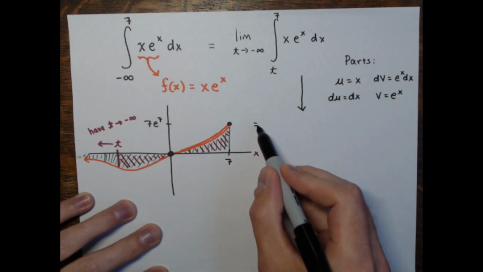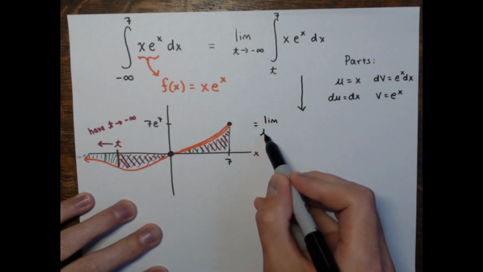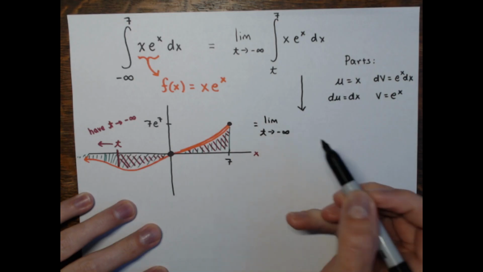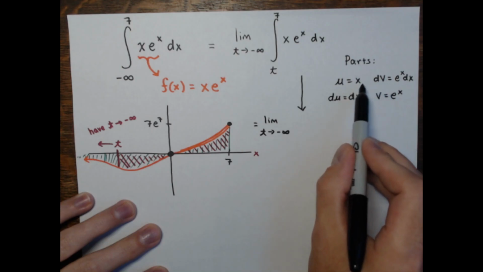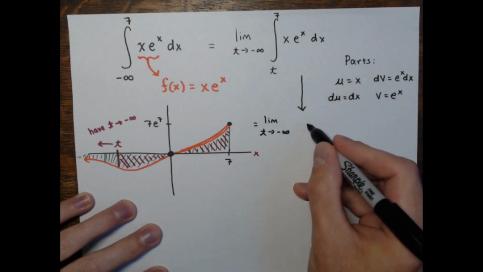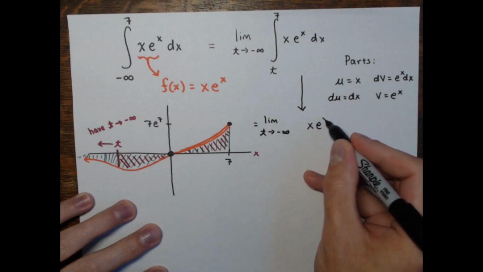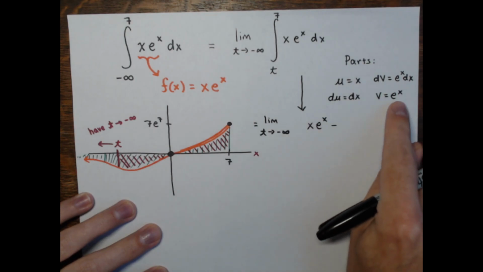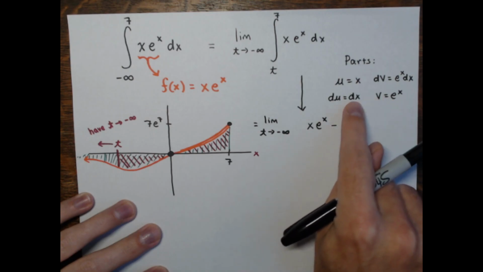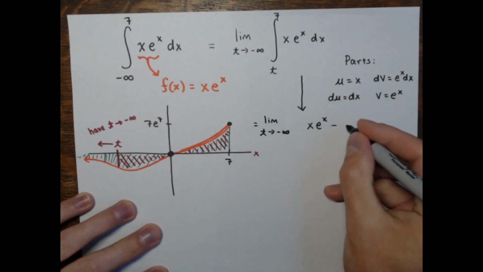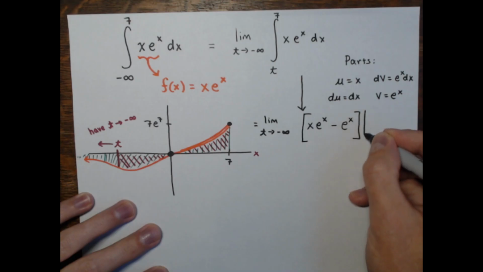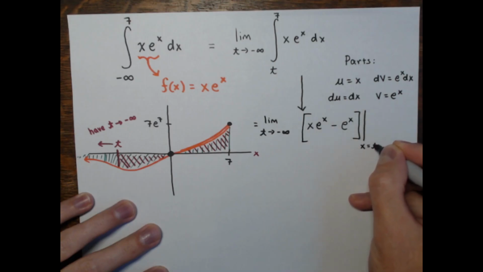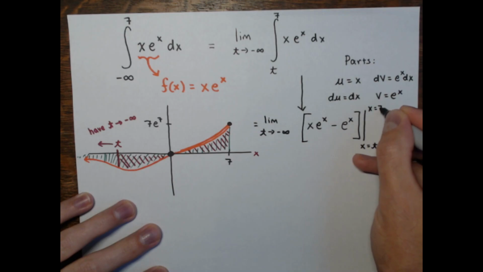We're going to have this as the limit as t approaches negative infinity of, remember, the integral of u dv is uv, so x times e to the x minus the integral of v du, but that would be e to the x dx, which is just e to the x again. Okay, and then this is going to be from x equals t to x equals 7.